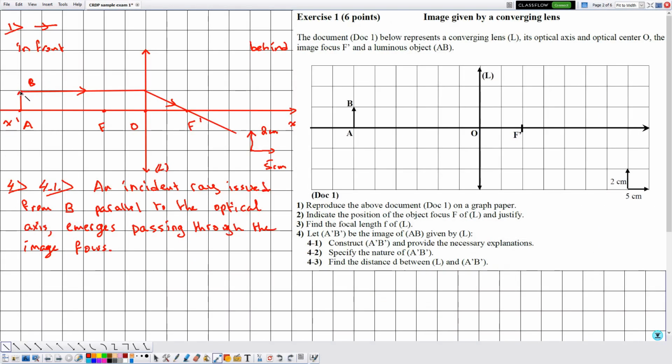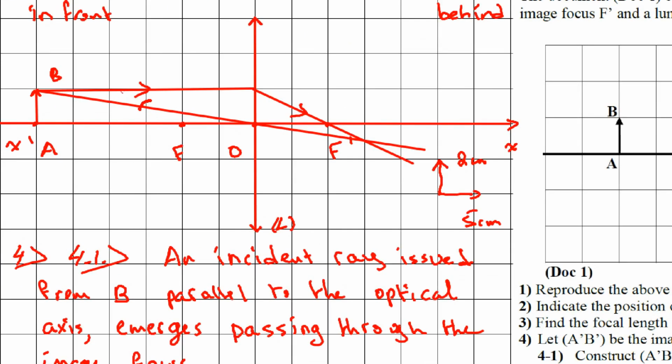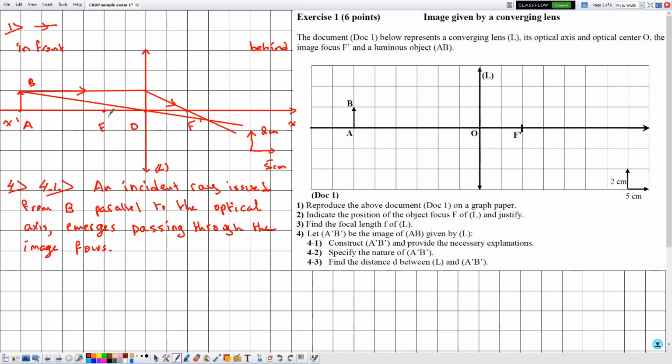So let's consider the easier, which is passing through the optical center, because it will emerge without deviation. And we don't forget the arrows on light rays that indicate the direction of propagation of light, incident ray as well as emergent ray.